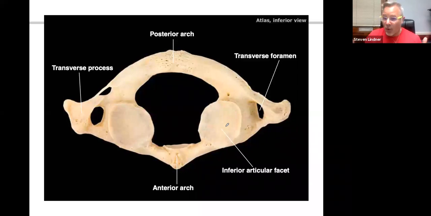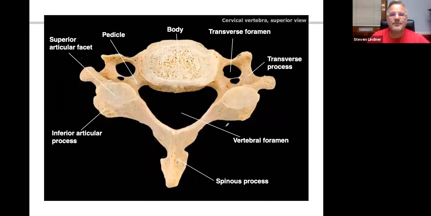We have them on all vertebrae. Since we're looking at this one from the inferior surface, you can see on the top right, it says Atlas, which is C1, Atlas, the Greek god that holds up the world. So that has to be the inferior articulating facet.